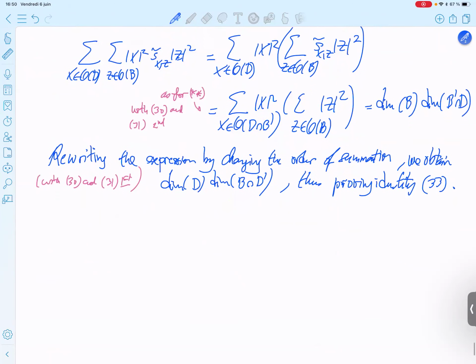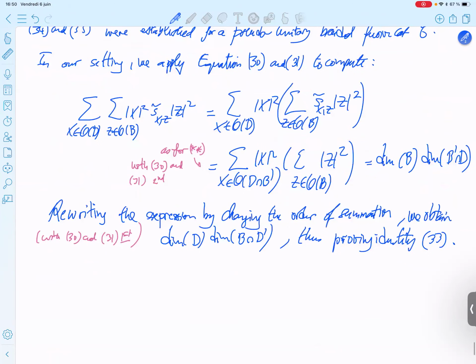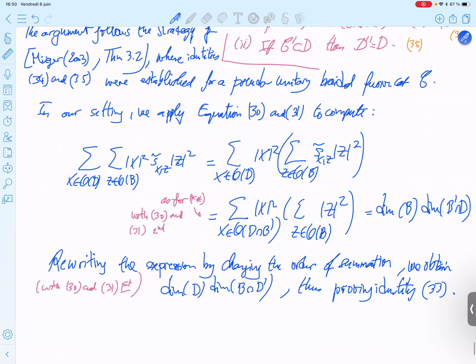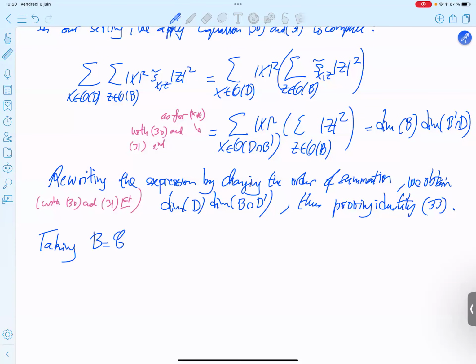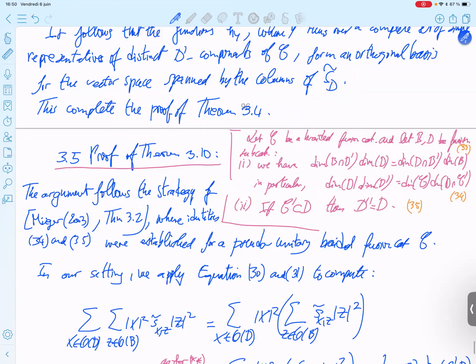Now, for identity 34, now take B equal to C. If you take B equal to C, you deduce directly identity 34. So it's immediate.